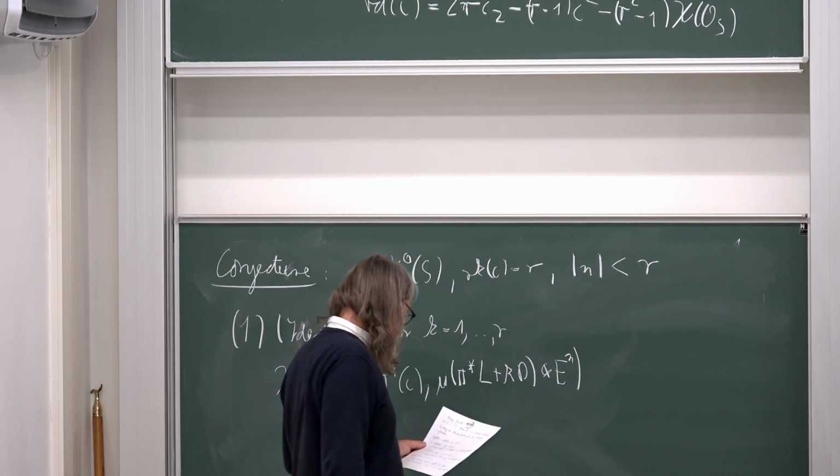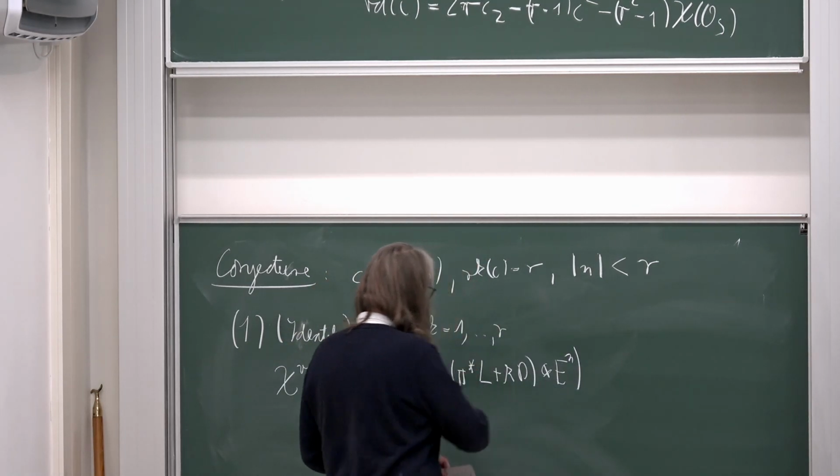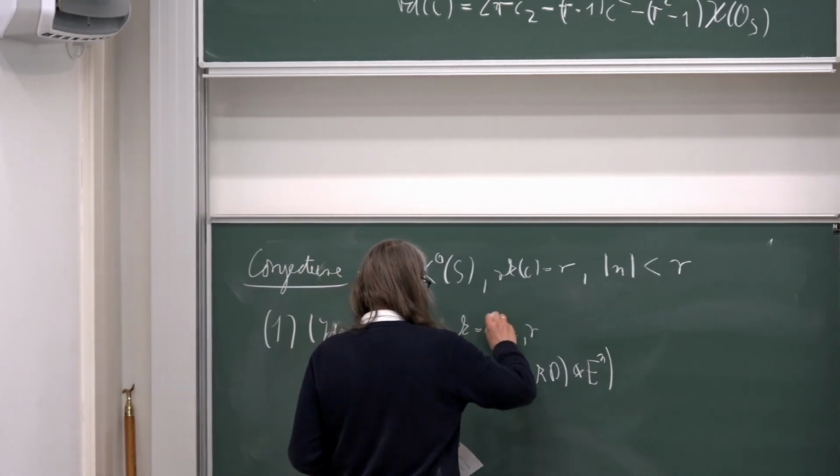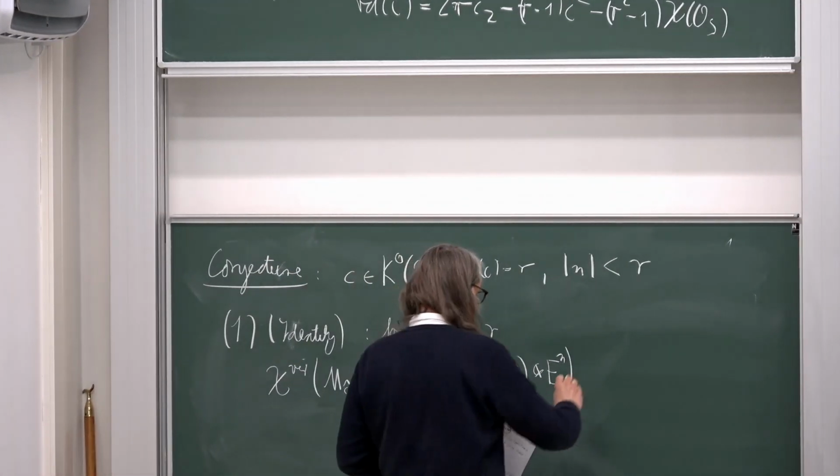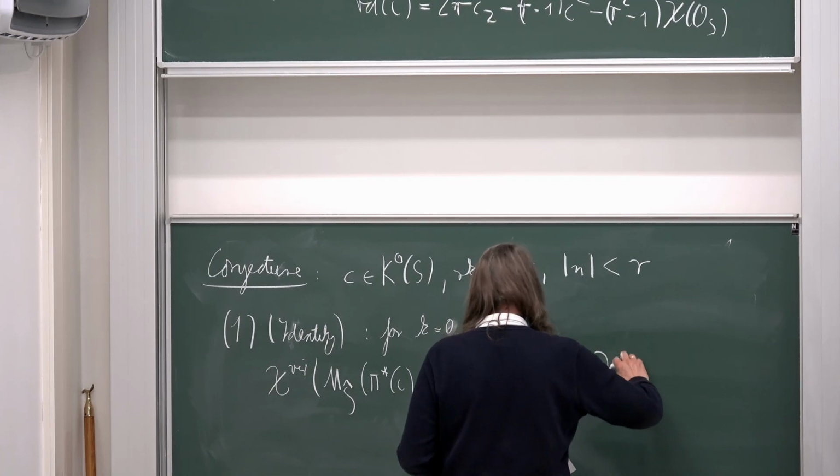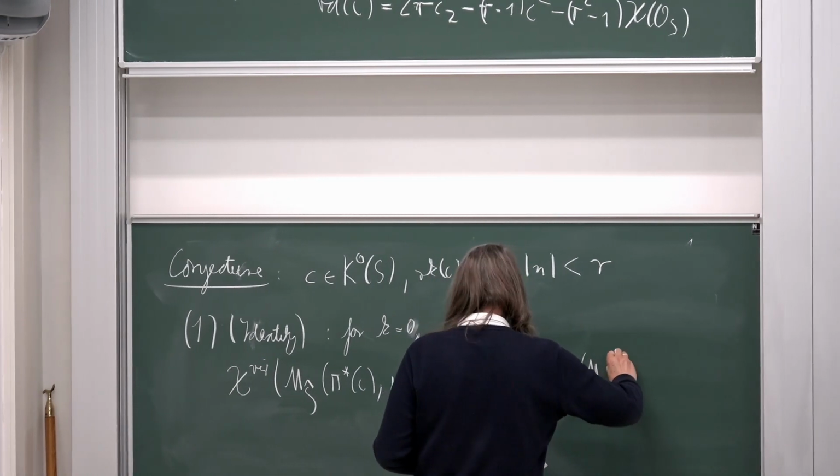Okay, this will be for k from 0 to R. This will be just the same as we had on the surface before blowing up.